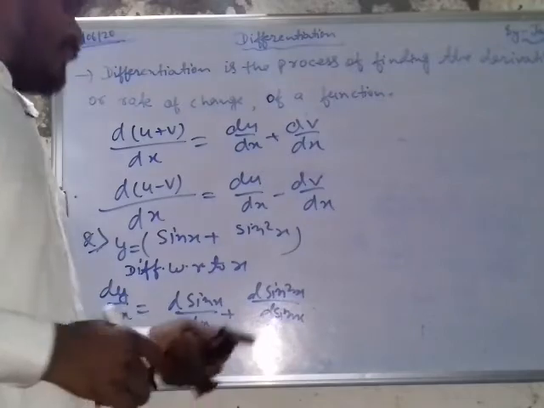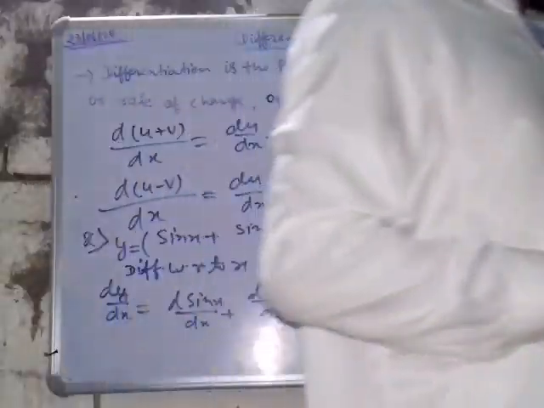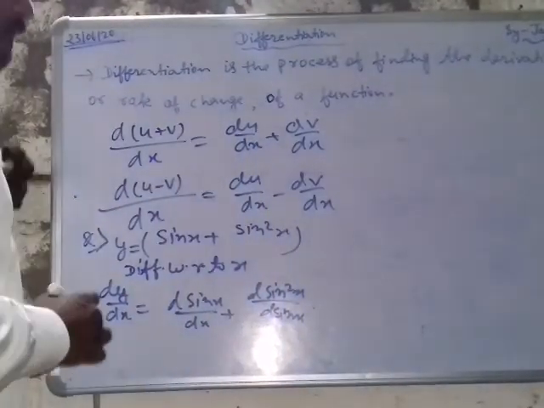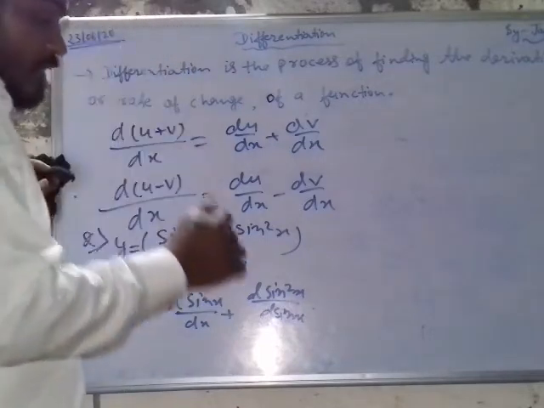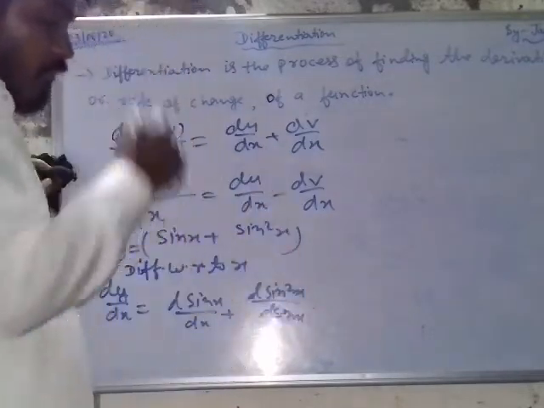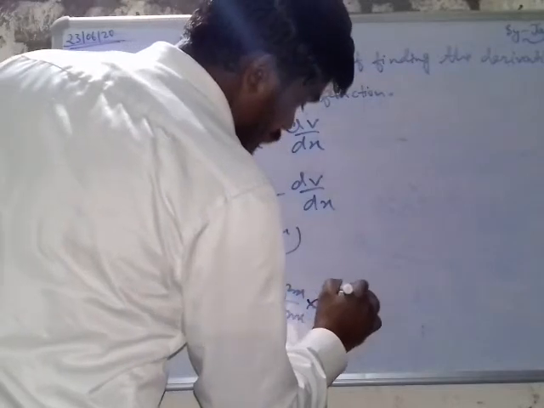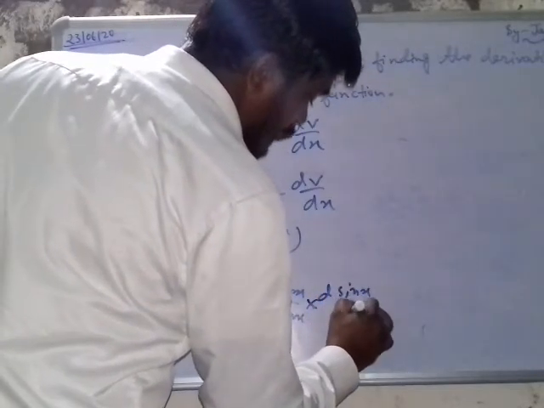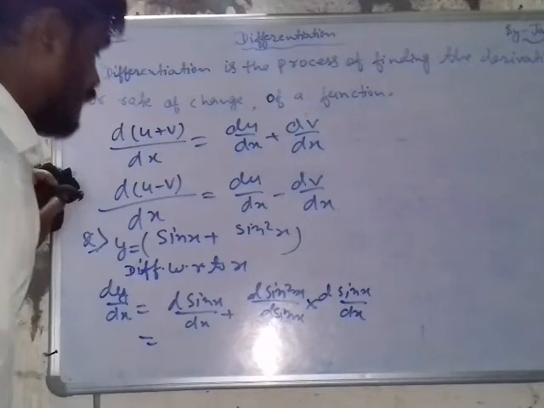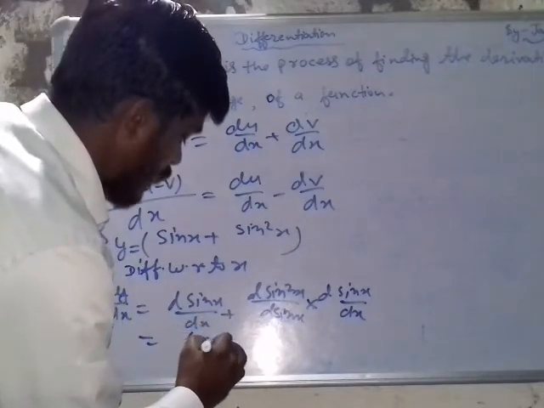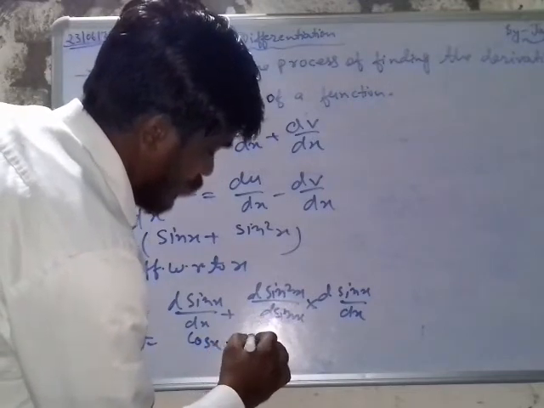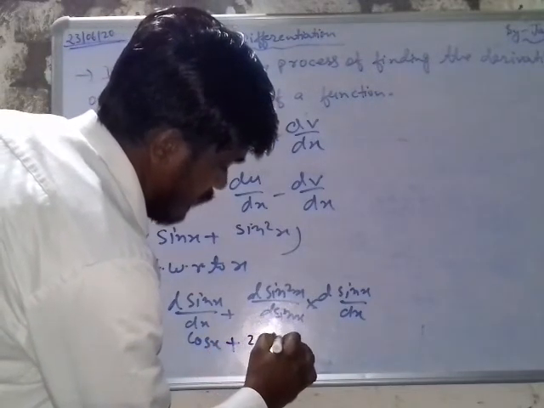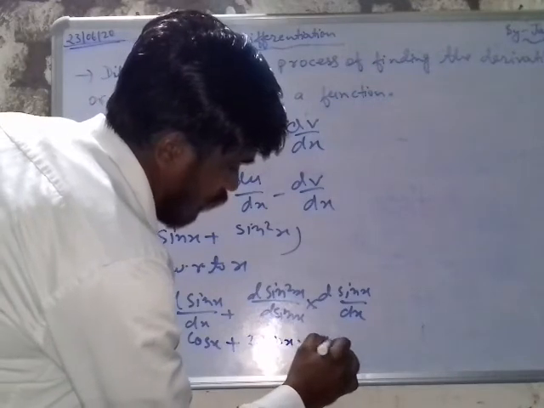Here sin square x is differentiated as d sin square x by d sin x, because it is a function of function, times d sin x by dx. So the differentiation becomes cos x plus 2 sin x into cos x.